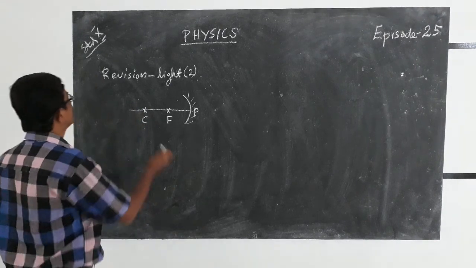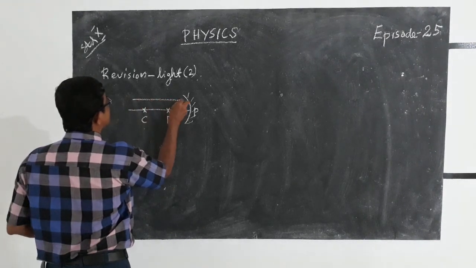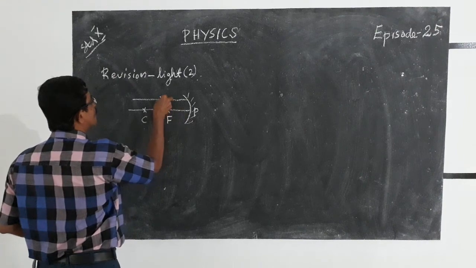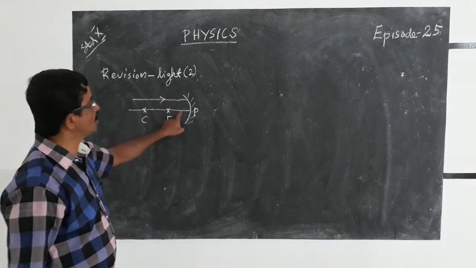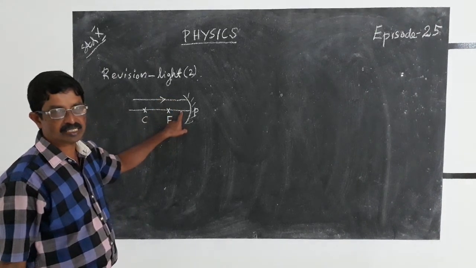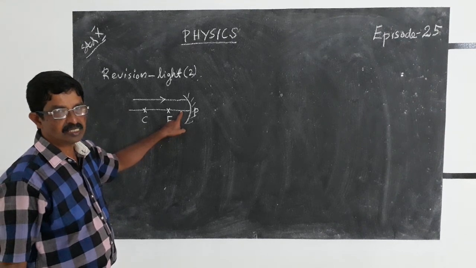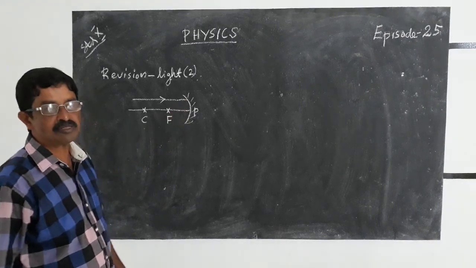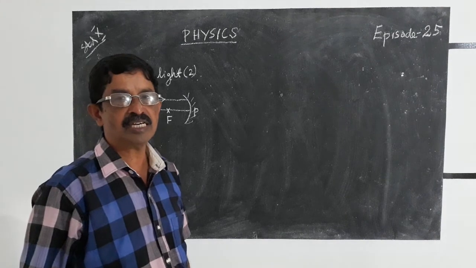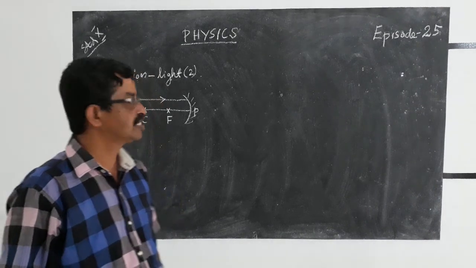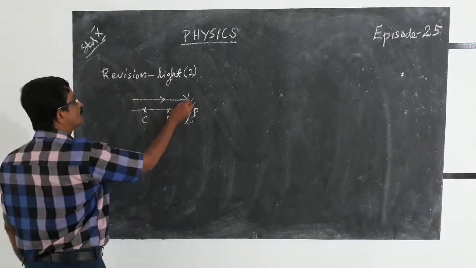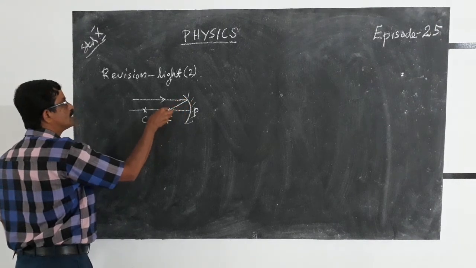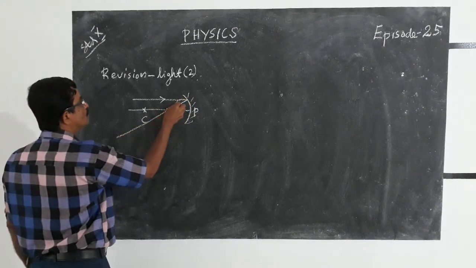First, a ray of light incident parallel to the principal axis. What happens to this ray after reflection? See, the reflected light ray passes through the focus.